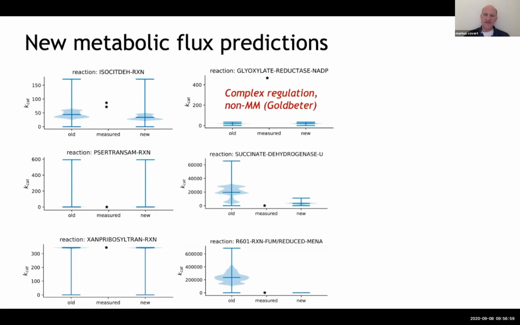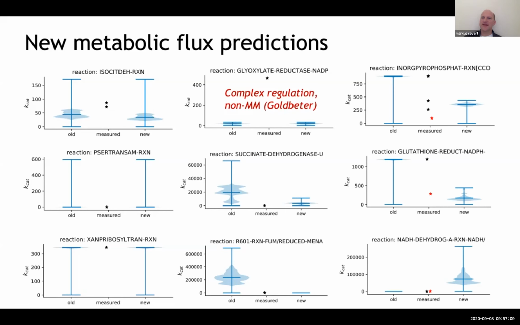But then there's a whole set where we find that the new predictions are a vast improvement over the old. And then finally, there are some cases where it was ambiguous. And as we looked in the newer measurements that have come out more recently that hadn't been incorporated in the model, it turned out that the newer model was more representative of what we found in the newer measurements.